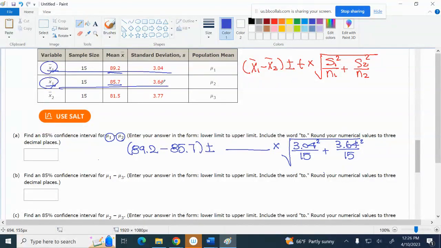Now please look at your t-table. 85%, 0.85. How many degrees of freedom? 14 and 14. Actually we have to take the smaller one, but 14, 14, same. Give me the t-score. 85% and the degree of freedom, 14.